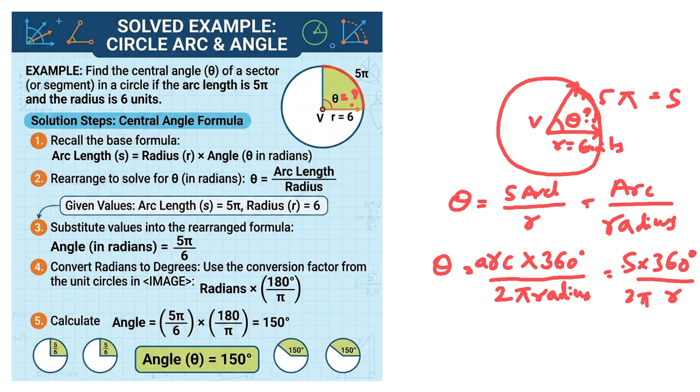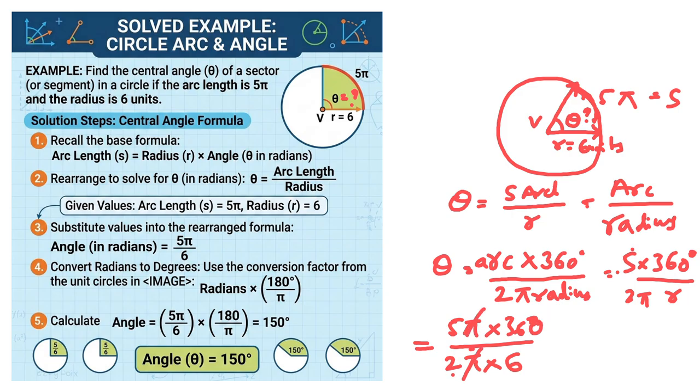Now we know the s value and we know the r value. Let's just apply. S is 5 pi into 360 degrees divided by 2 pi into r, and r is 6 units.